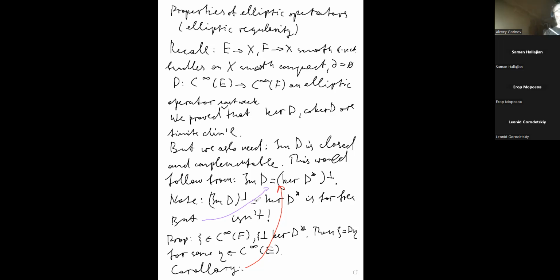Well, this other inclusion follows from the free formula, which says that the orthogonal complement of the image is the kernel of the adjoint operator. So in particular, every element of the image is orthogonal to the kernel. Is this part clear to everyone?